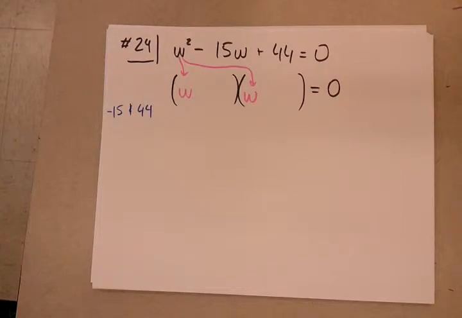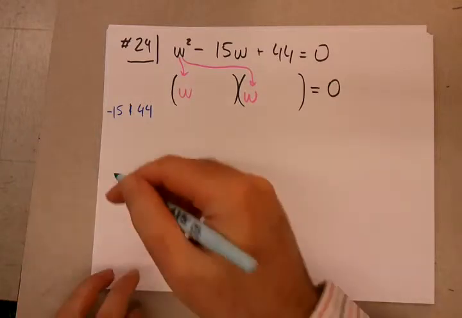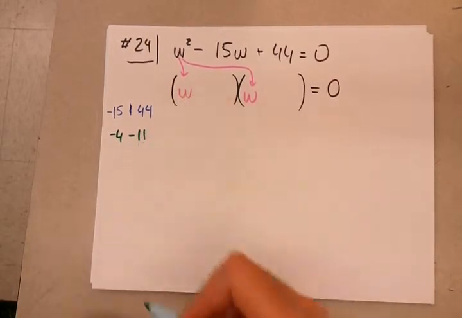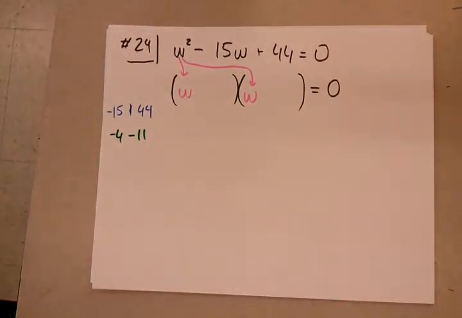Can you get a 15 out of a 2 and a 22? No, not really. 4 times 11, that'll work, because I can get a 15 out of 4 and an 11 if I combine them. And since it's a negative 15, both the 4 and the 11 have to be negative. Negative 4 minus 11 is negative 15.